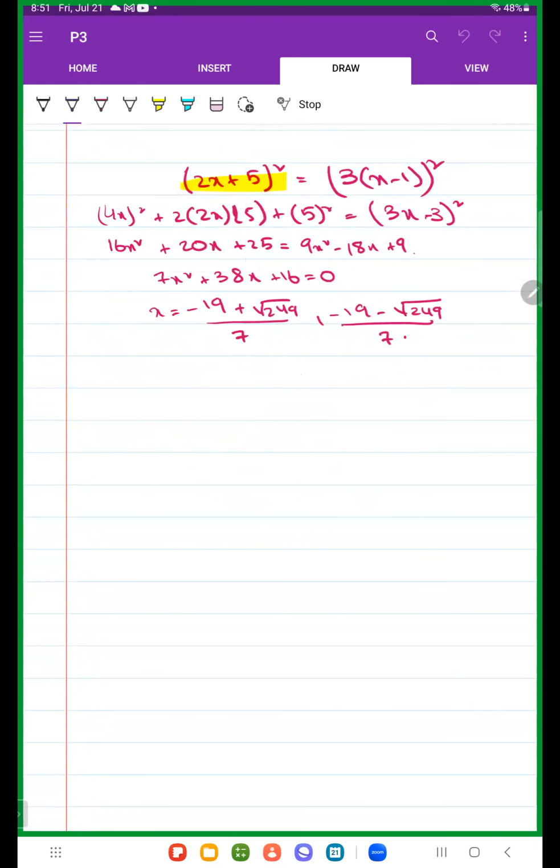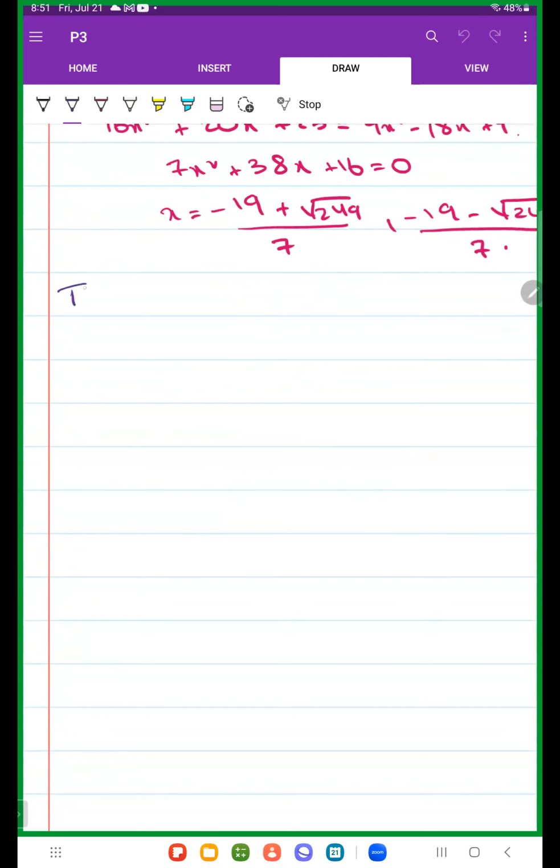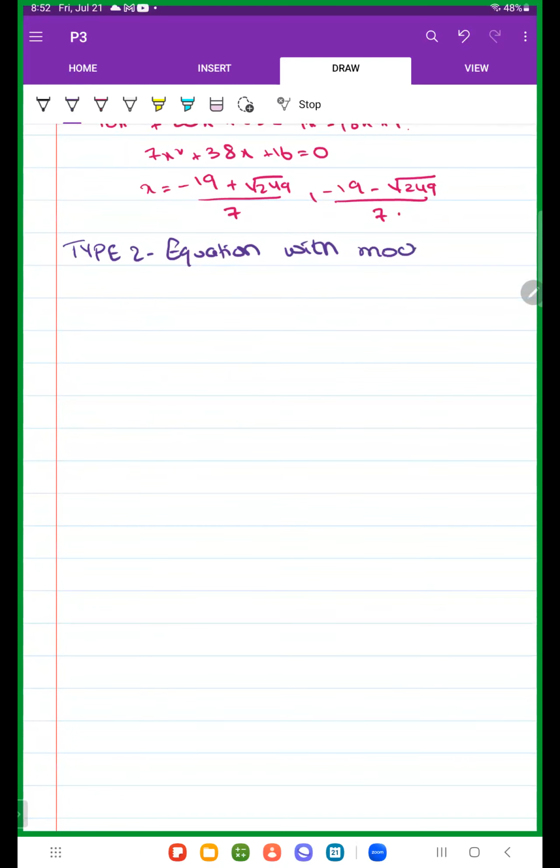Type 2: Equation with modulus on only one side. So what will we do over here?